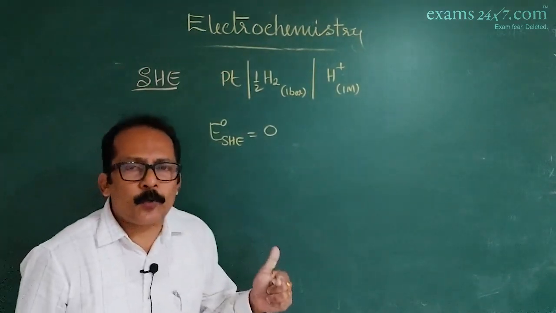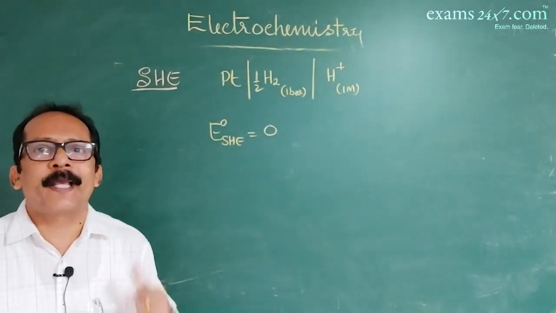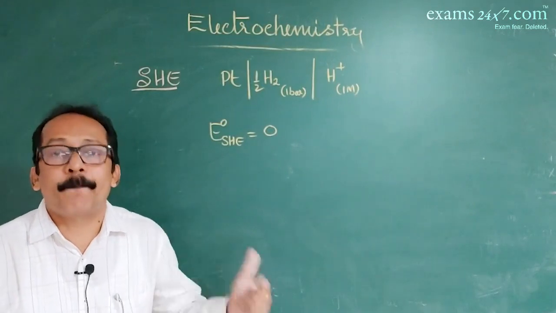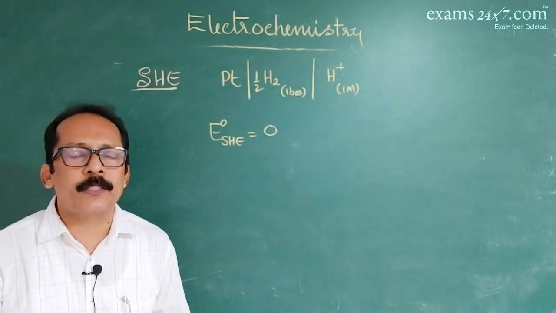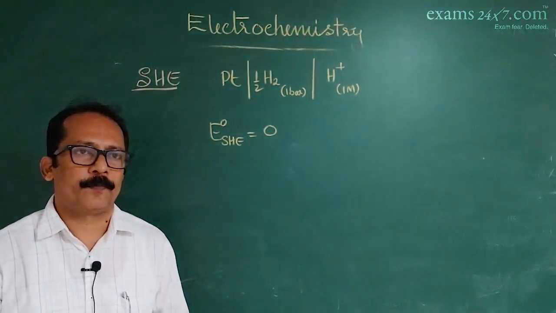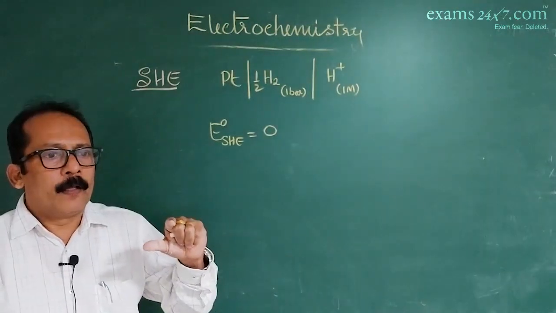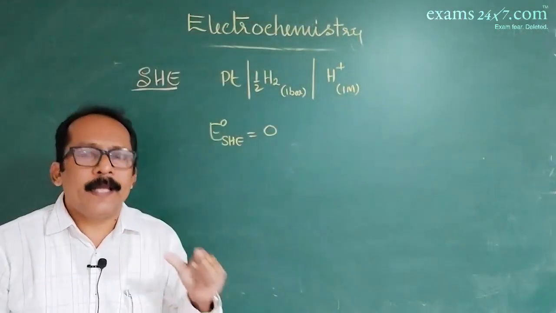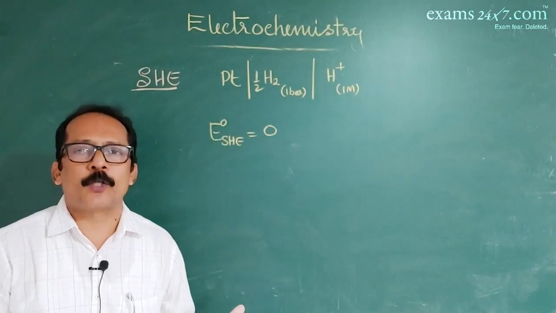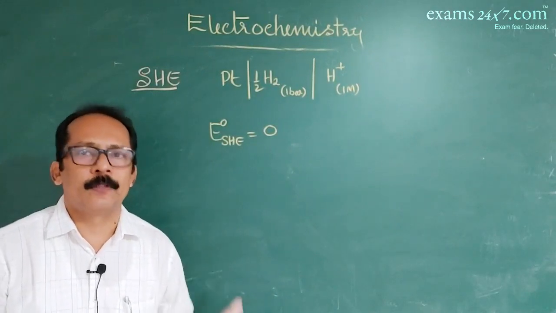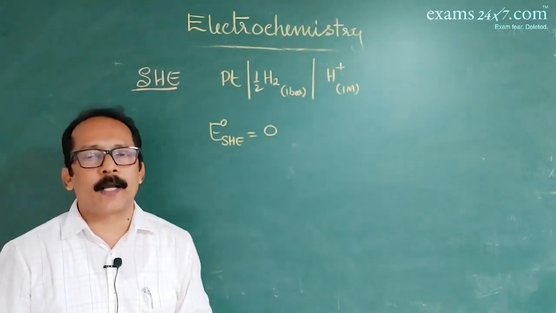So in order to calculate the electrode potential of the experimental cell, it is coupled with the standard hydrogen electrode. When the experimental electrode is more electropositive, it acts as an anode, whereas the standard hydrogen electrode acts as a cathode.